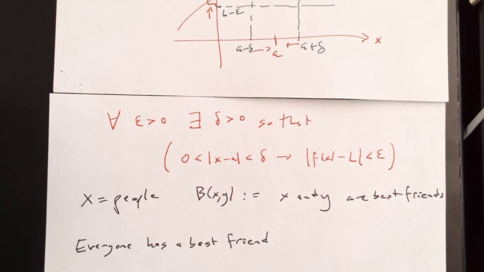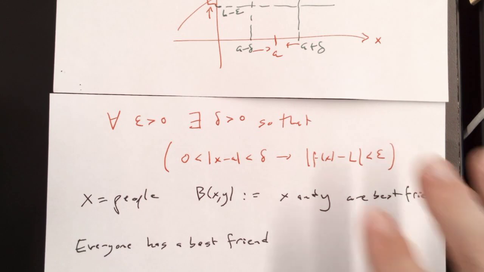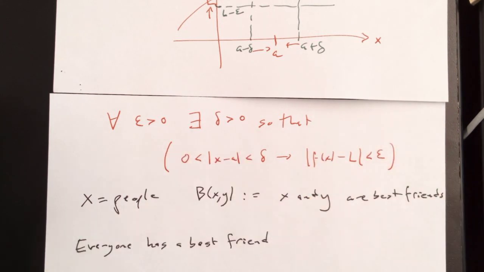I'm in the universe of people. I would like you to translate "everyone has a best friend" somehow into quantifiers using this sentence, this propositional function.